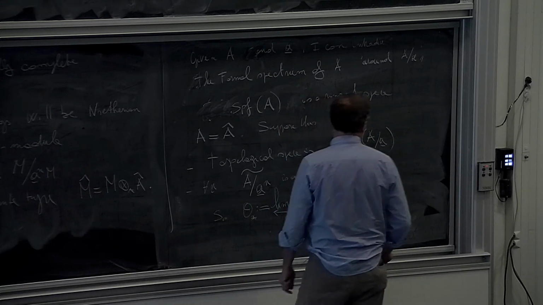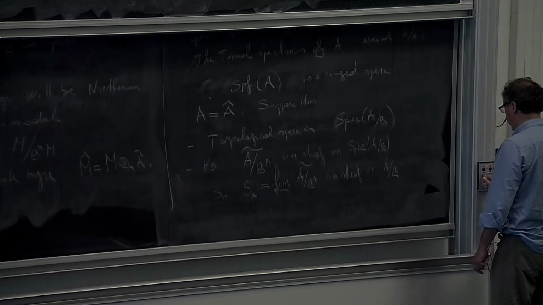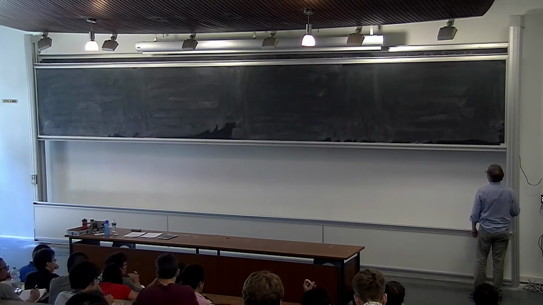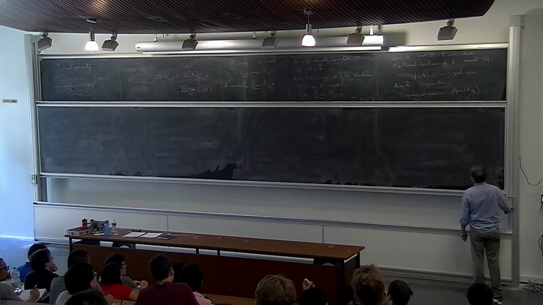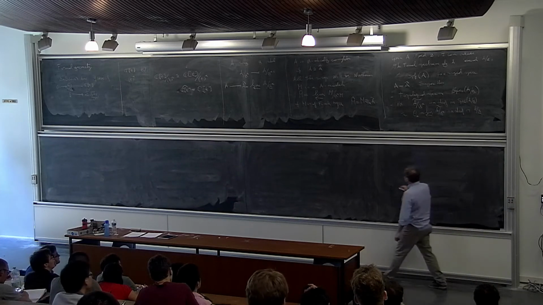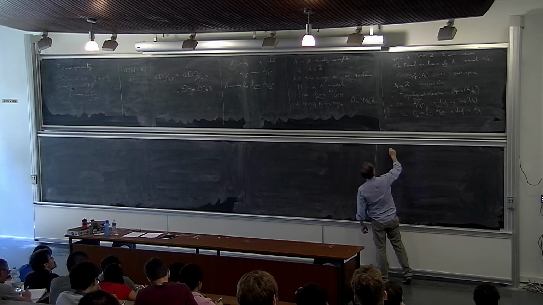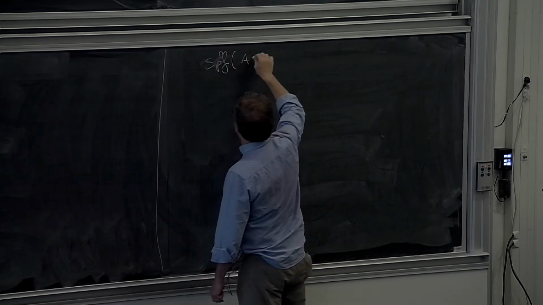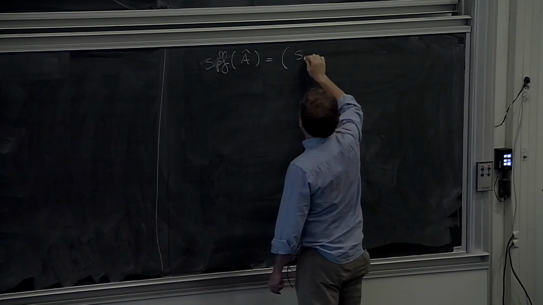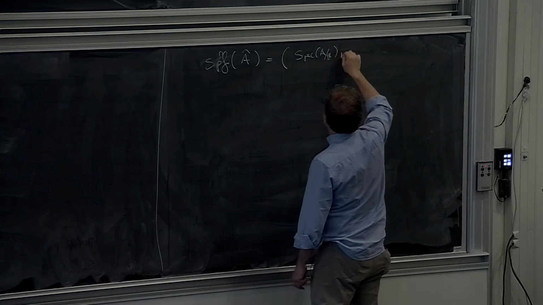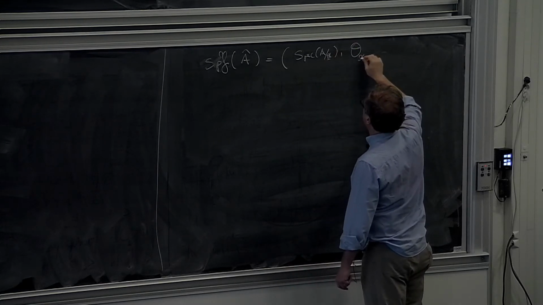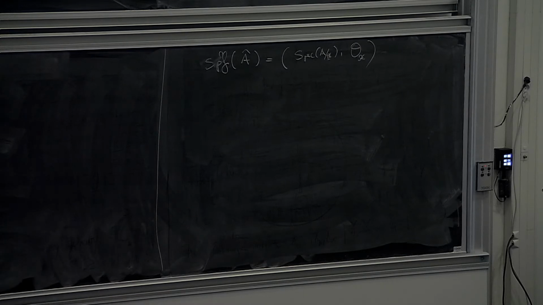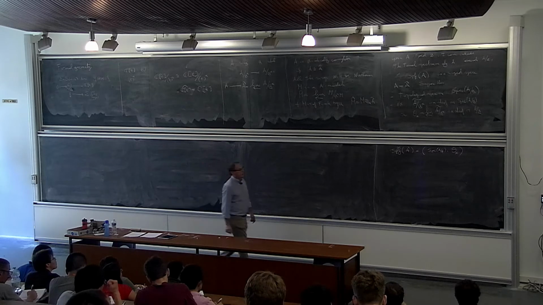And I will define the formal spectrum of A to be the couple Spec A divided by 𝔞, and this sheaf of rings over this.